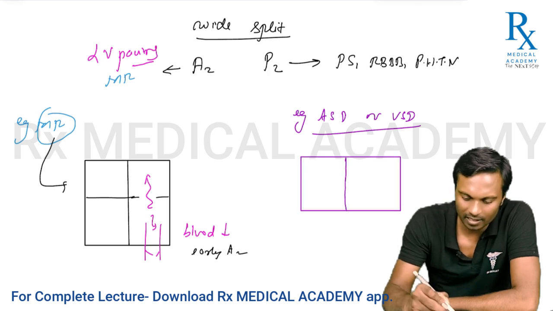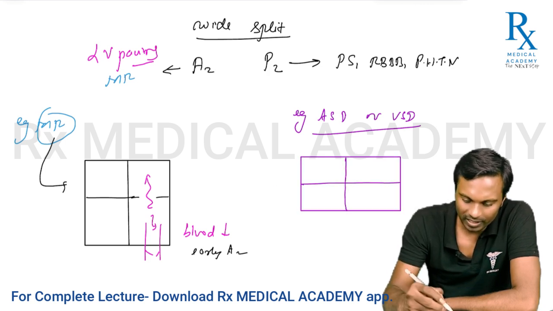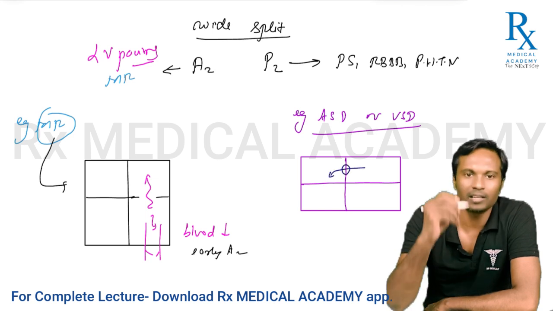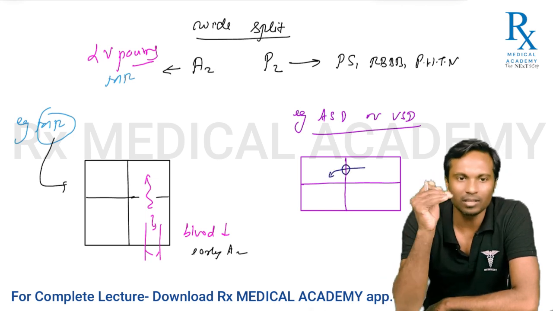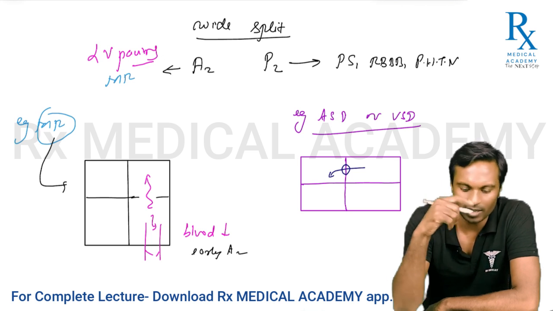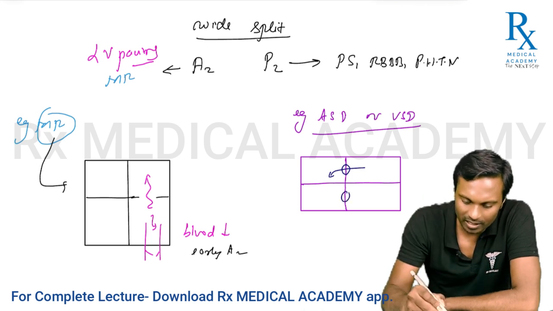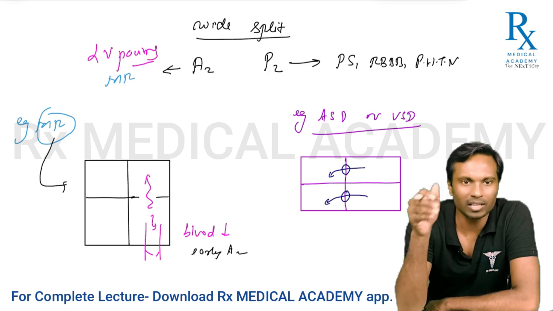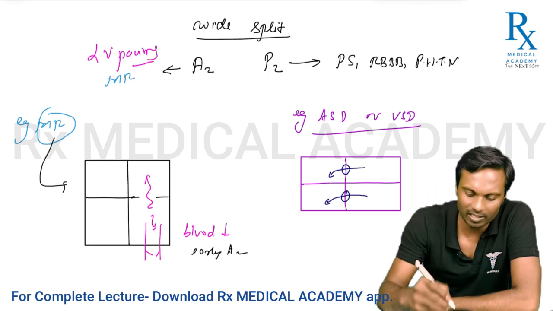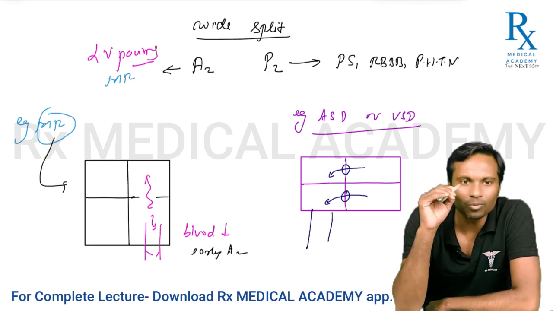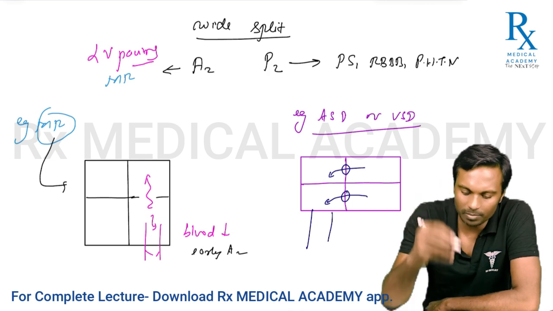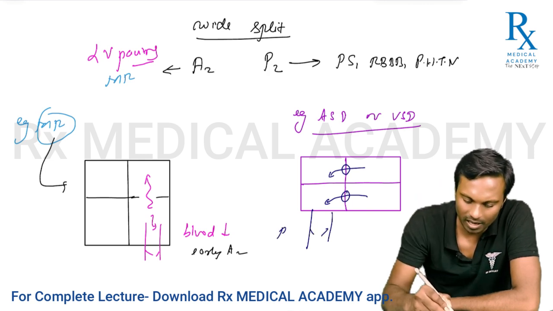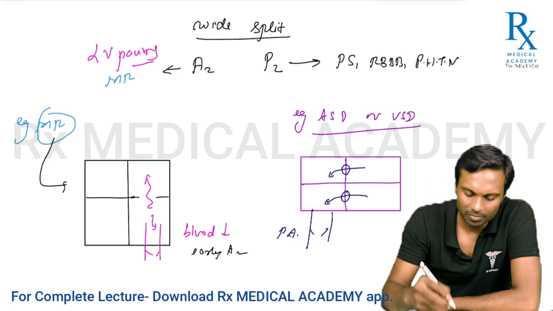Let's take both hand in hand. In case of atrial septal defect, blood from the left atrium will leak into the right atrium and it will ultimately travel to the pulmonary artery. In case of ventricular septal defect, blood from the left ventricle will leak into the right ventricle and there will be more blood flow. Where? There will be more blood flow via the pulmonary artery through the pulmonary valve.